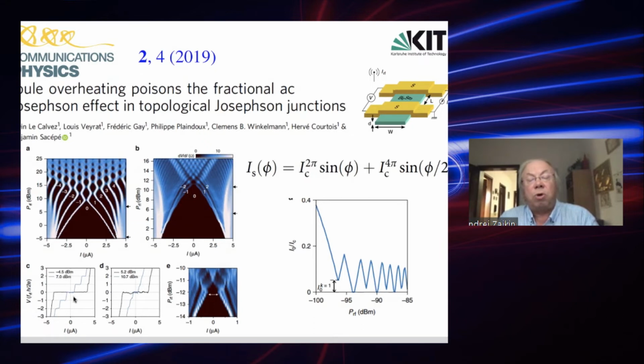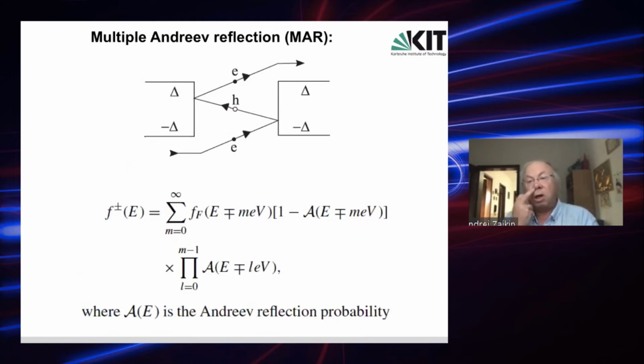And this, according to them, could be interpreted also as evidence for this 4-pi contribution to the Josephson current, simply because in that case, if you increase the power of your radiation, this term would disappear. This is a textbook result, but they see that it doesn't disappear, and then they explain it by the presence of this contribution.